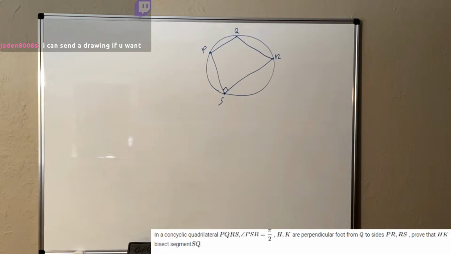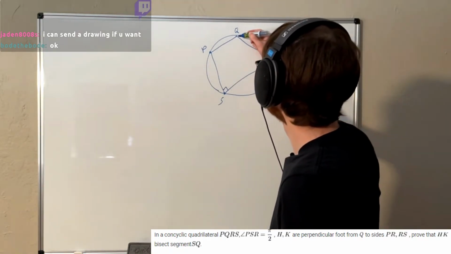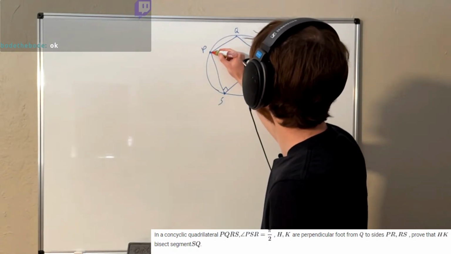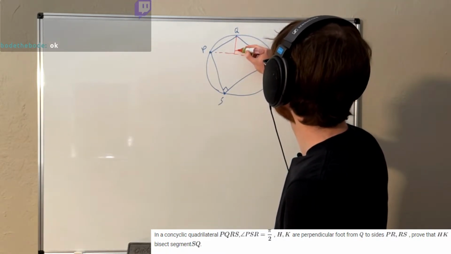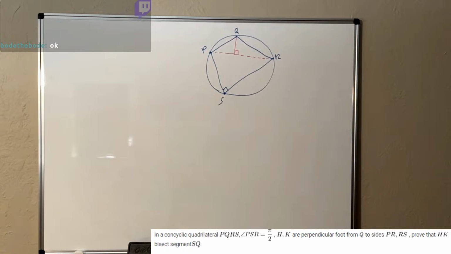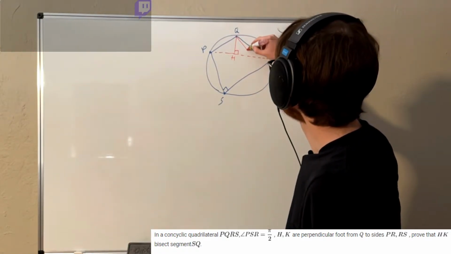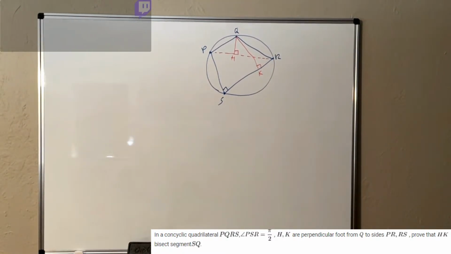So from Q perpendicular to PR, that point is H. And probably something like that is K. Prove that HK bisects segment SQ.